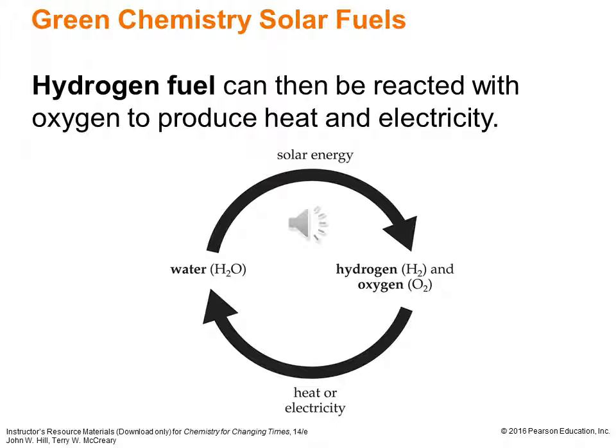So being able to store that solar energy as hydrogen means we have a usable form of energy. That hydrogen fuel can be used at night when the sun's not shining, or in the wintertime when the sun doesn't shine very much at all in our particular region of the country.